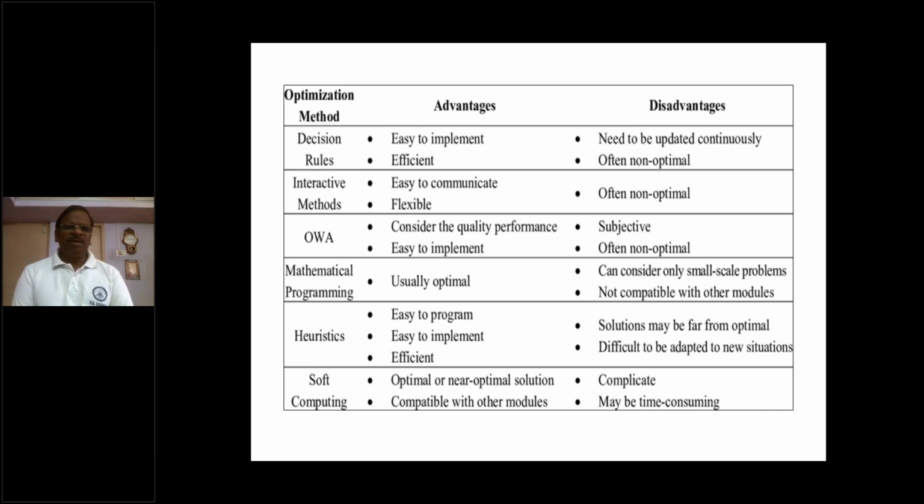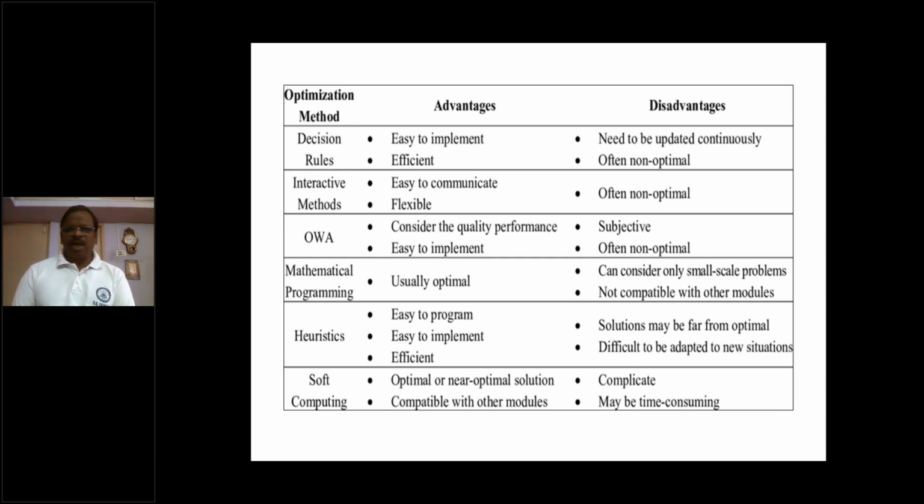What methods are used in this, and what are the advantages and disadvantages? First, optimization decision rules. The decision rules are easy to implement and efficient to develop, but need to be updated continuously, every hour, every minute, every day.